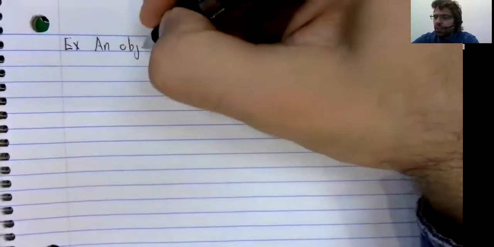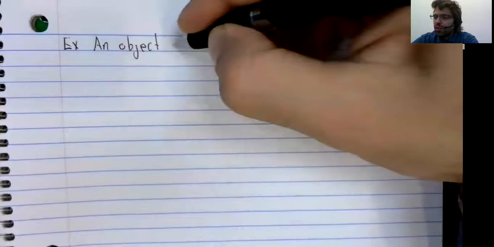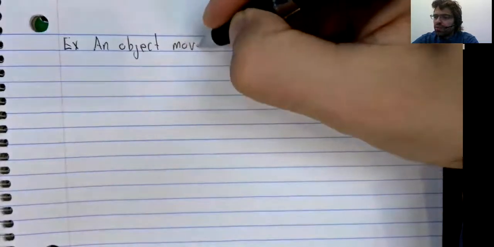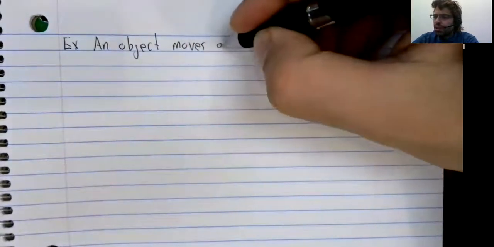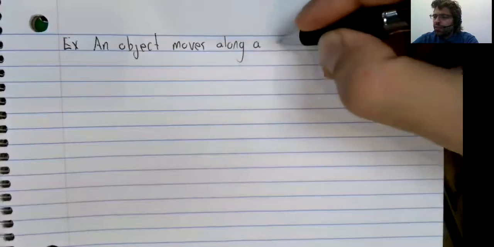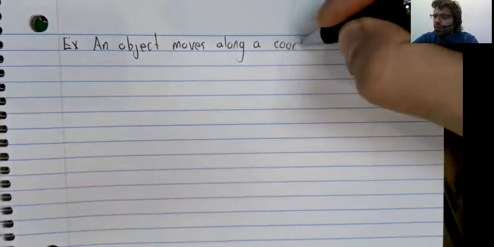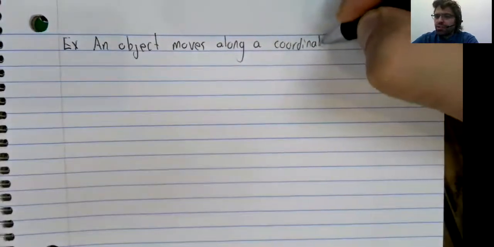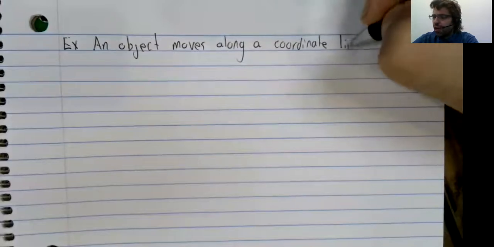So, example. An object moves along a coordinate line.